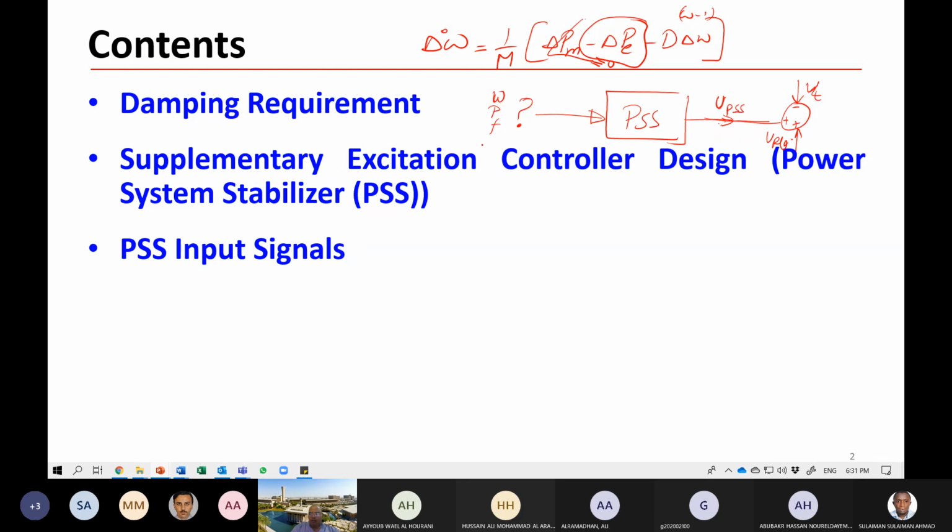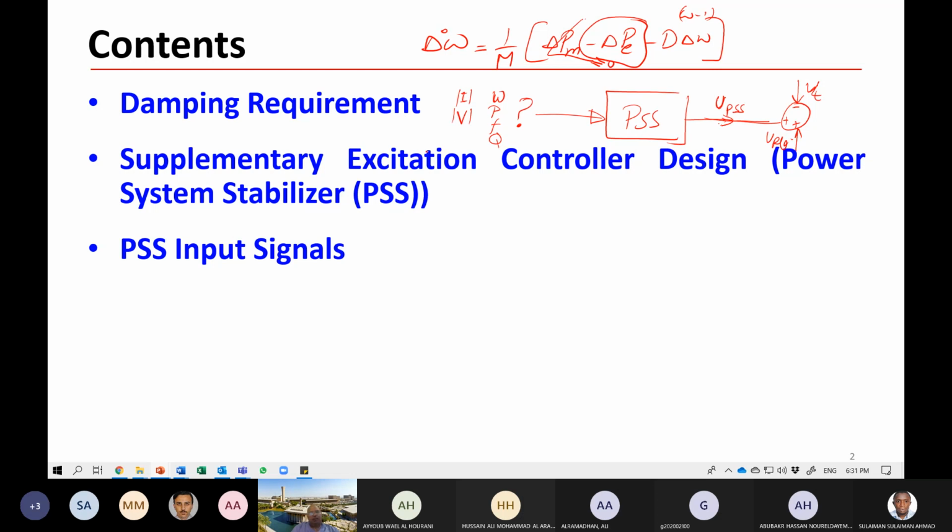You can measure the reactive power. Some efforts in literature also use reactive power. Some papers in literature use the current magnitude. Some also used the voltage magnitude.